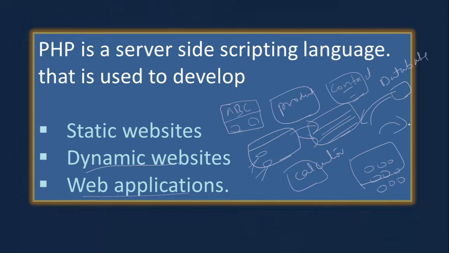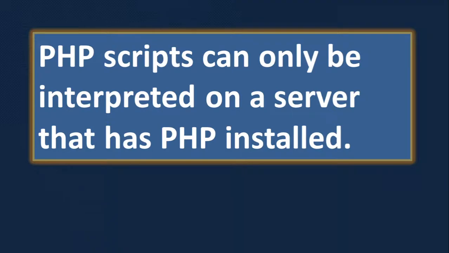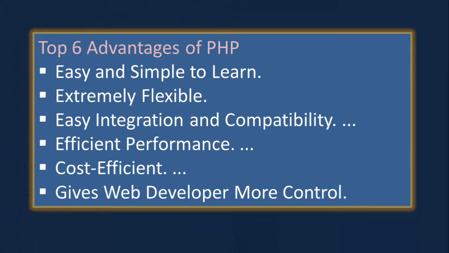You can improve it into a scientific calculator, a BMI (body mass index) calculator, or a currency converter. Many calculation-based, graphical or voice applications are web applications, and we can use PHP to build them. A PHP script can only be interpreted on a server that has PHP installed. That means PHP needs to be installed in that system to execute it.